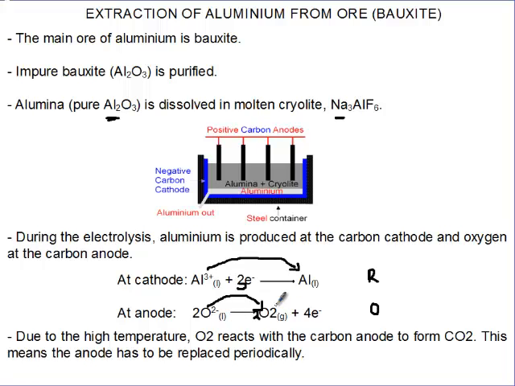Therefore, oxidation is taking place. Due to the high temperature, O2 released at the anode will react with the carbon over there to form CO2. This means that we need to change the anode periodically from time to time.